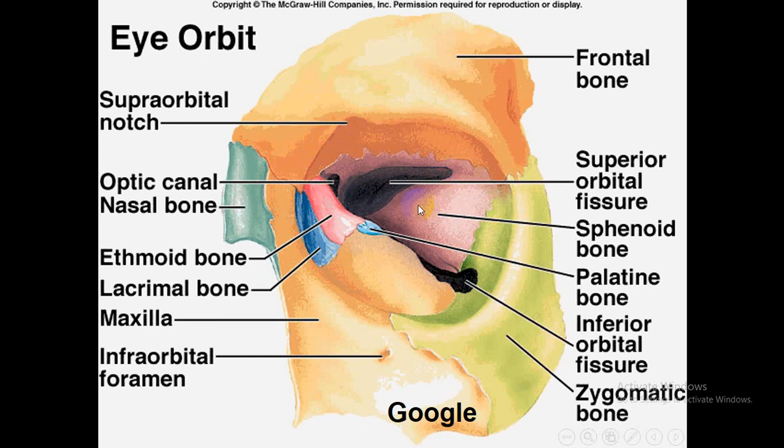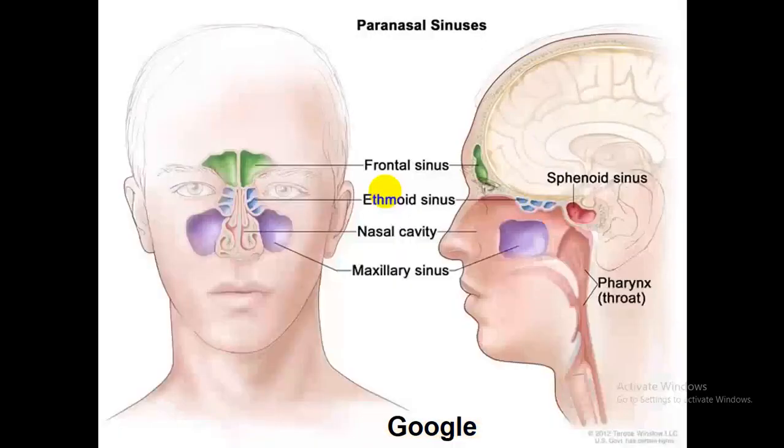The space between the two orbits is occupied by the sphenoid and ethmoid air sinuses, as we notice here.